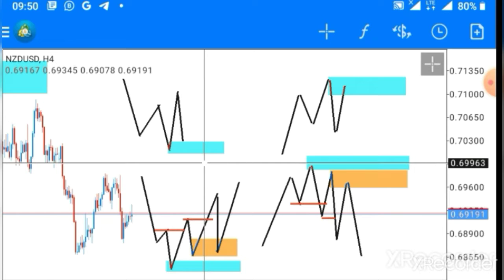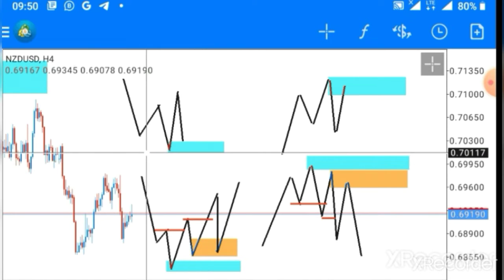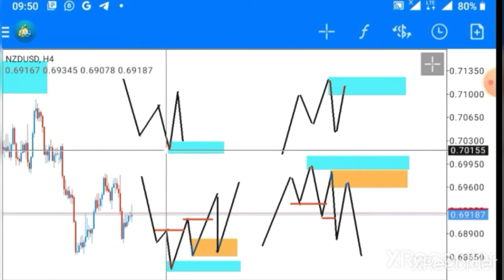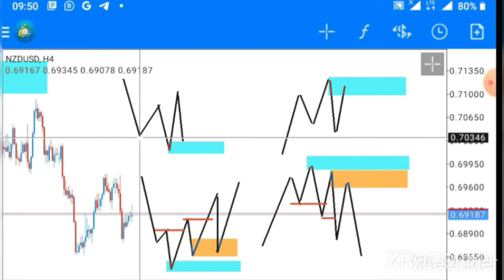Now, look at these diagrams here. On the top left hand side, let's start from there. But before we start, let me make this point very clear. When we are talking about market structure, we are talking about three phases of structure.